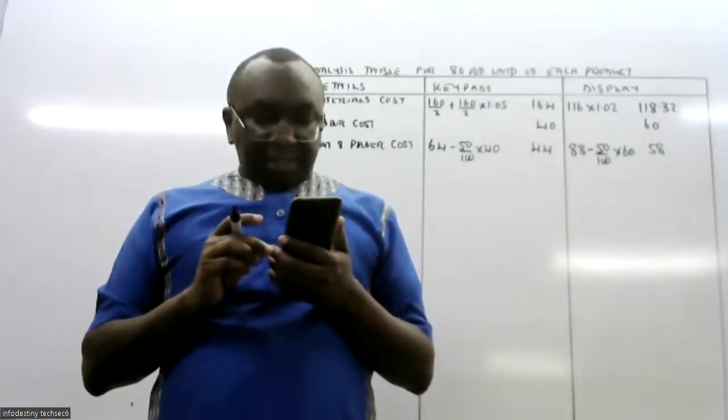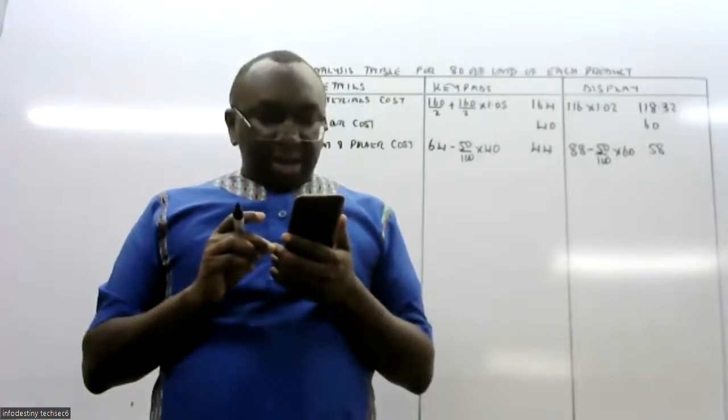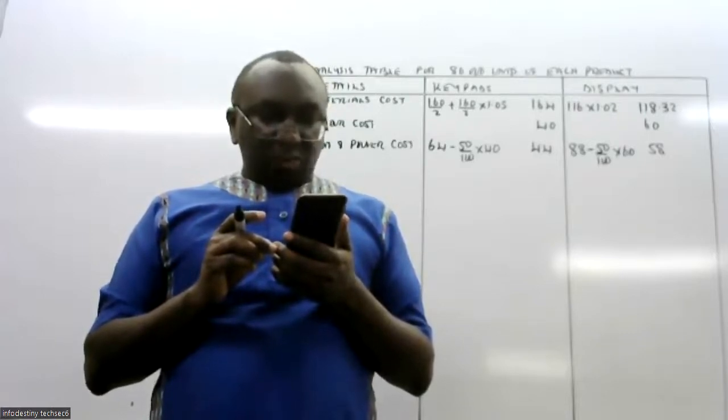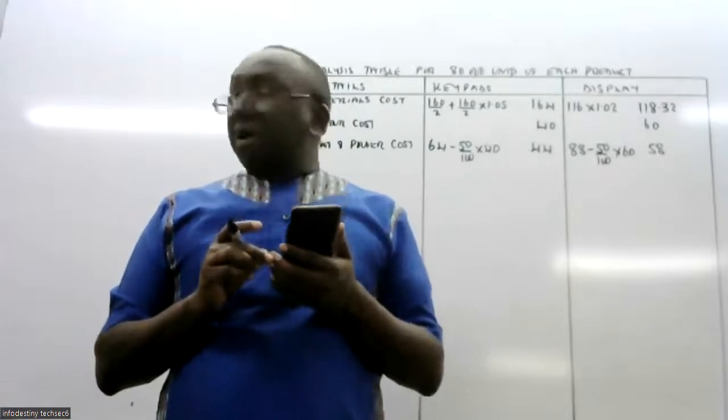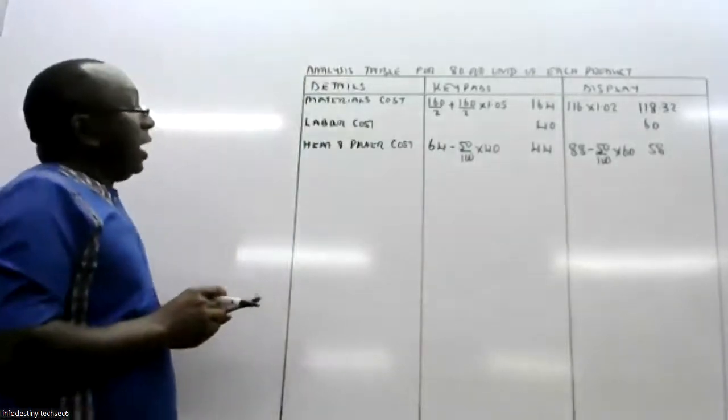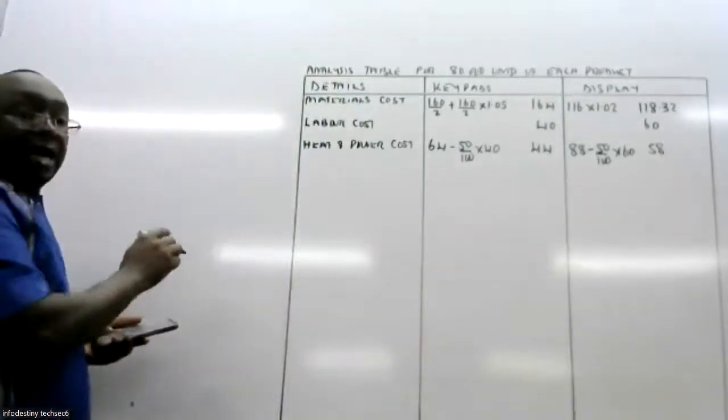The keypad machines has fixed cost of 4,000 per annum, and the display screen machines has fixed cost of 6,000 per annum. While both components are currently made in batches of 500, this would change with immediate effect to batches of 400. So what we need to do, we may need a working down there.